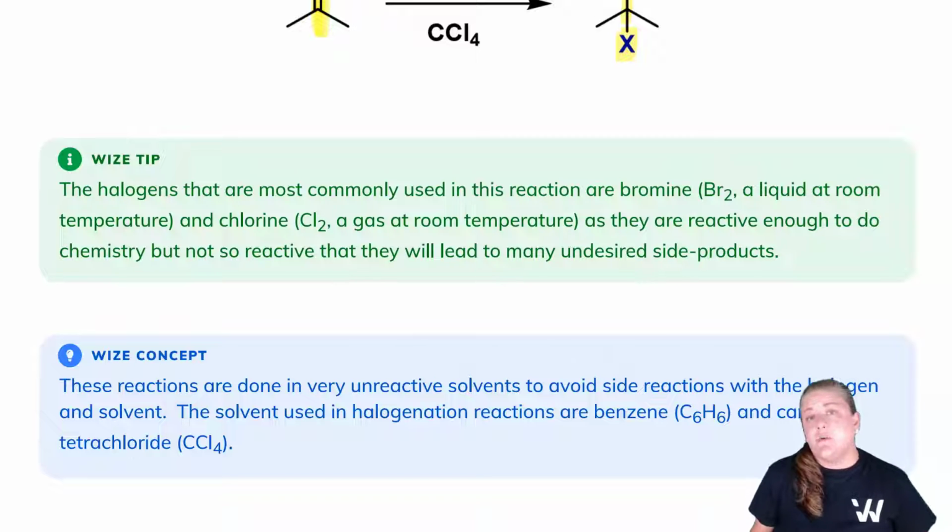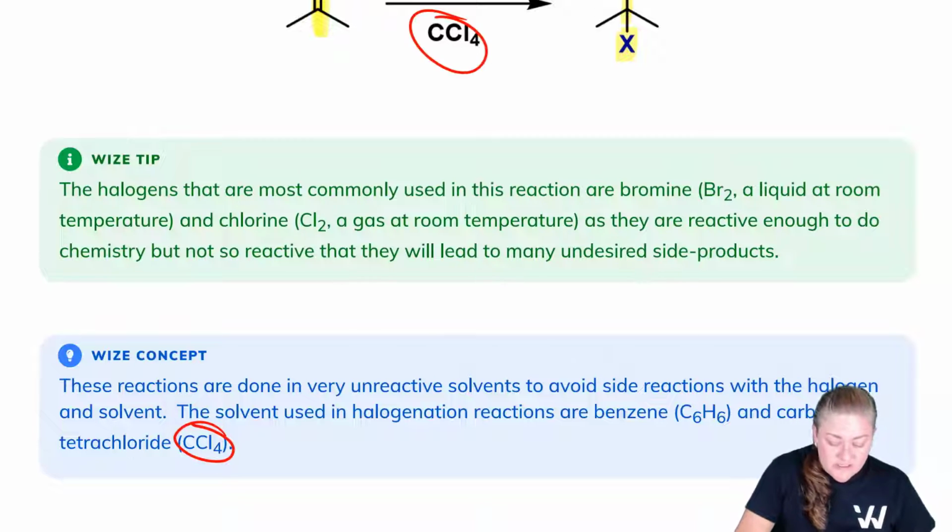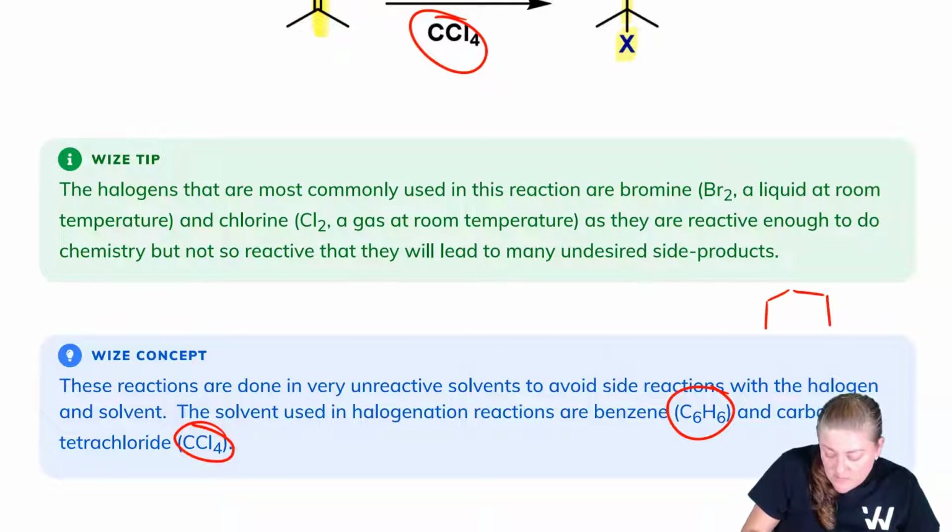Now, these reactions are done in extremely unreactive solvents to avoid side reactions. We saw the consequence of a reactive solvent in acid-catalyzed hydration and hydrohalogenation, where water could be both a solvent and a nucleophile. It's for this reason that we use non-reactive solvents, and the best example here is going to be carbon tetrachloride, which is here, or benzene, C6H6, remembering that benzene looks like this.